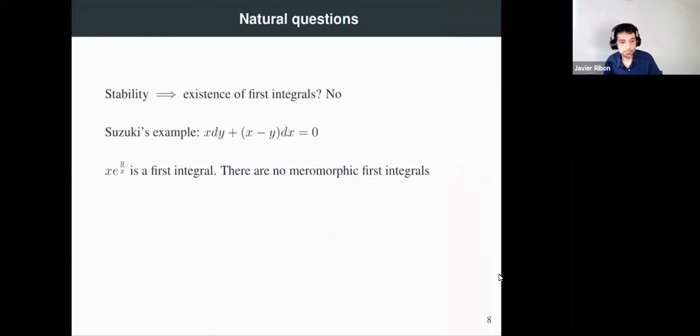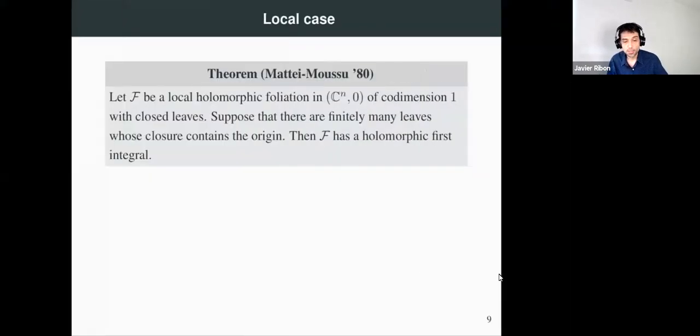Okay, so you don't have that stability implies existence of meromorphic first integrals, for instance. So let's see now a few positive cases. The first one is in the local case.